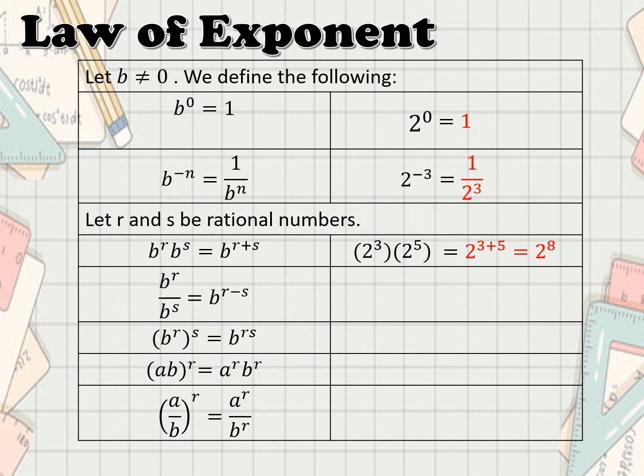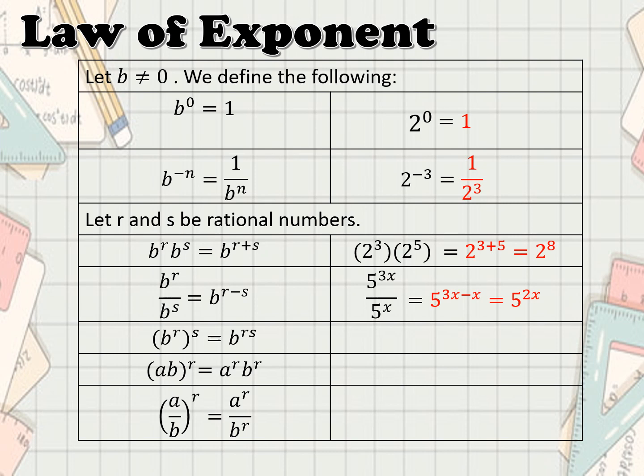Next is the division rule. When we divide the same base, we subtract the exponents. For example, 5 raised to 3x over 5 raised to x. We copy the base 5, and then 3x minus x. So, that is equal to 5 raised to 2x.